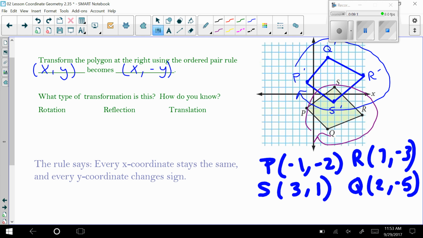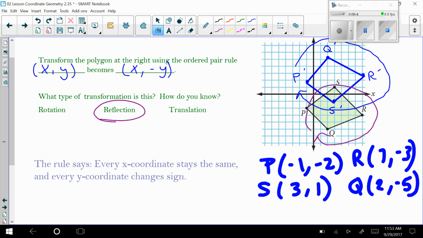So P'Q'R'S' is not congruent to PSRQ if you had been going clockwise. Since the orientation has changed, we know it's a reflection, because of these 3, rotation, translation, and reflection, reflection is the only one that has a change in orientation.